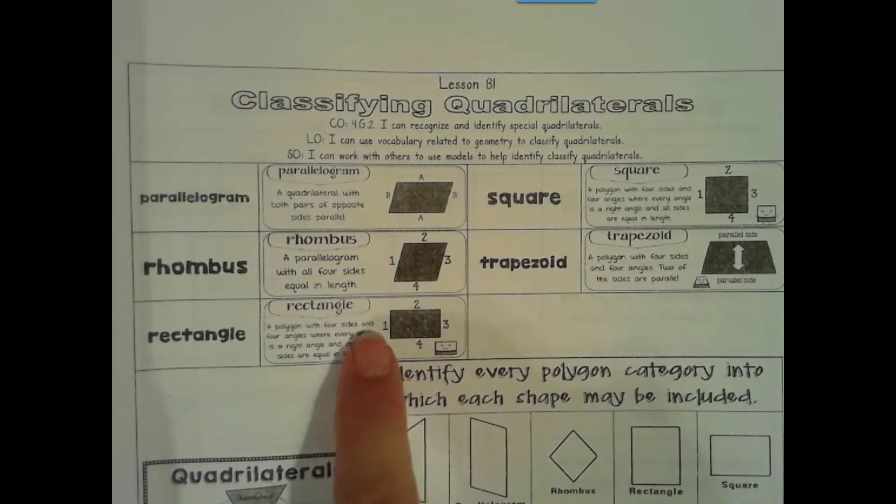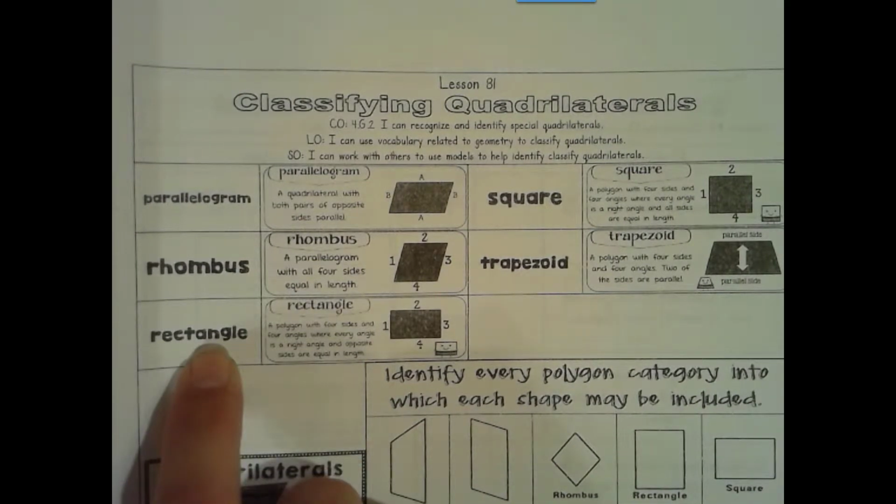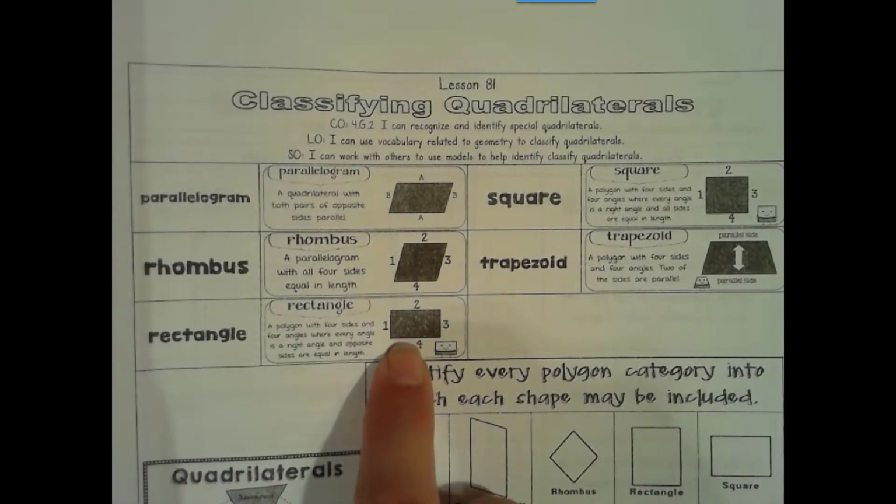And the opposite sides are also going to be exactly the same length. Only the opposite sides, so not all 4 like a rhombus. So both of these are special parallelograms. This one has 4 equal sides. This one has 4 right angles.